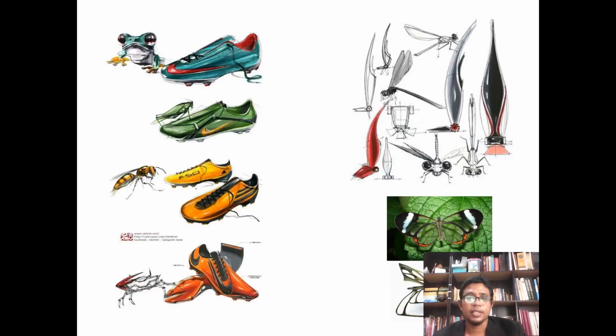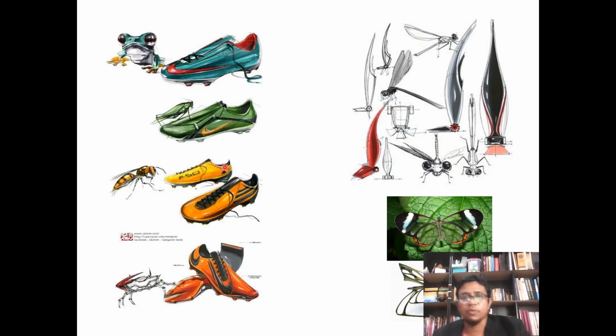This is an example. We have the source of the idea: the frog here, the grasshopper, the insect, the bees, and the crab. This is the source, and the subject is a shoe.